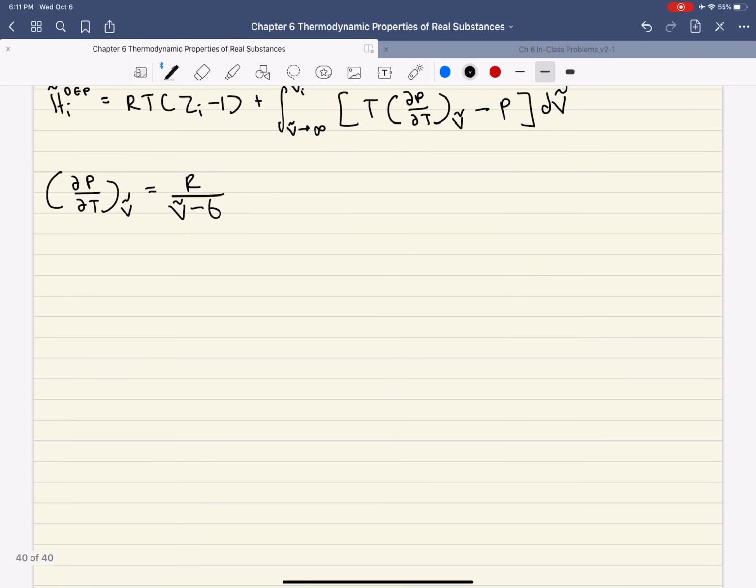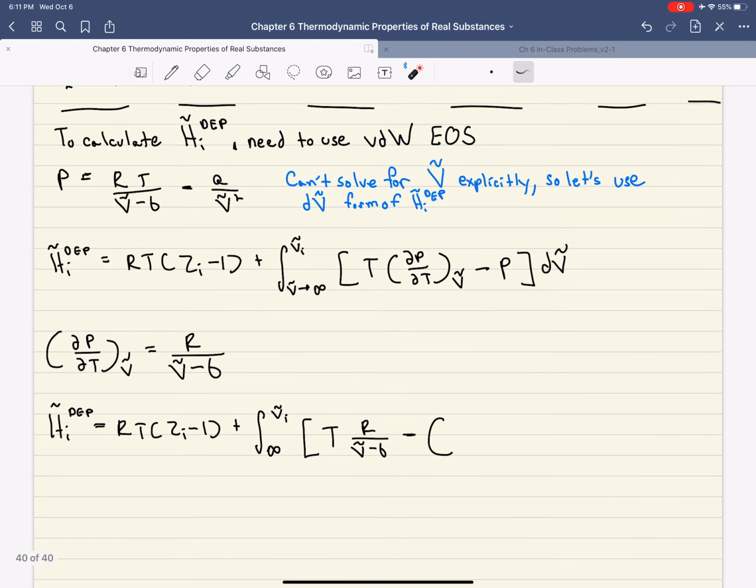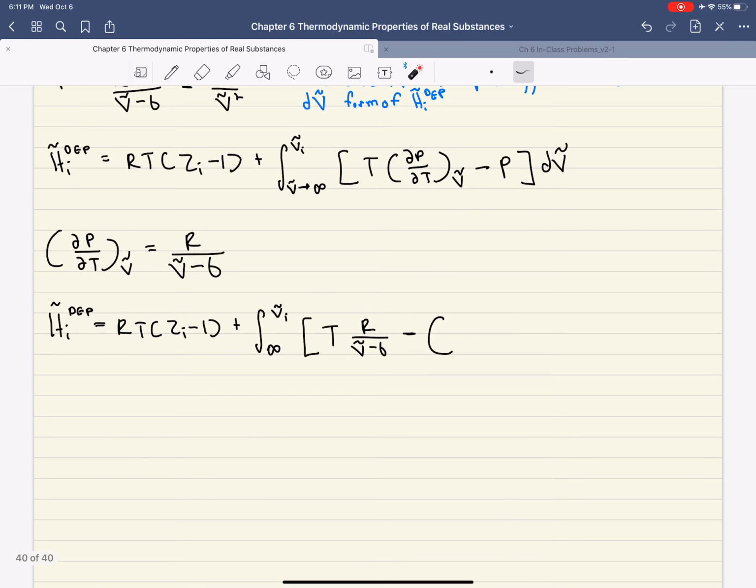Okay, so as we go through the departure function, we have Z_i minus 1 plus the integral of T times that partial derivative, so R over V minus b, minus, and now we plug in for pressure, which is, we just take this equation and jam it in here.